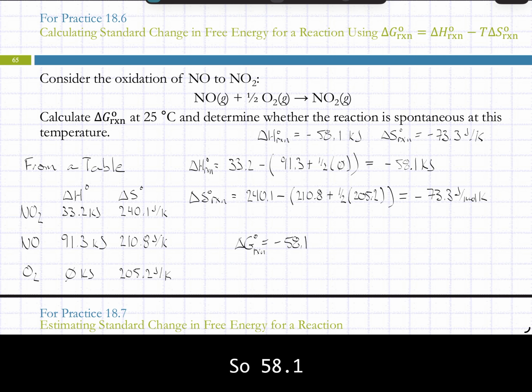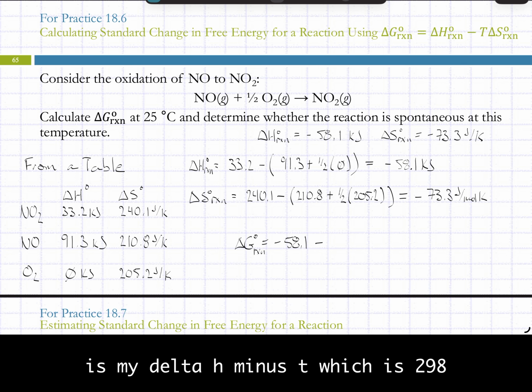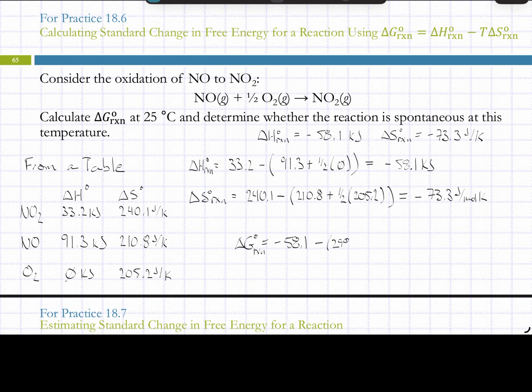So 58.1 is my delta H, minus T, which is 298, times delta S, which is negative 0.0733.